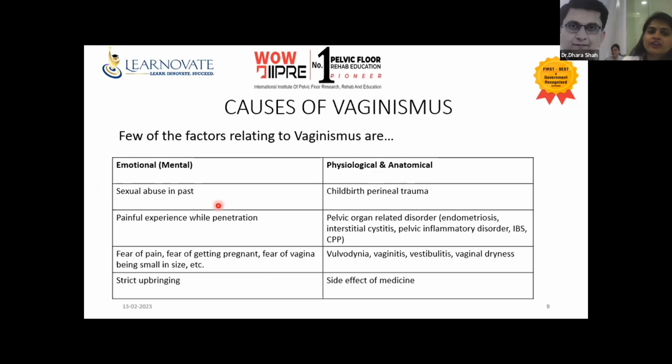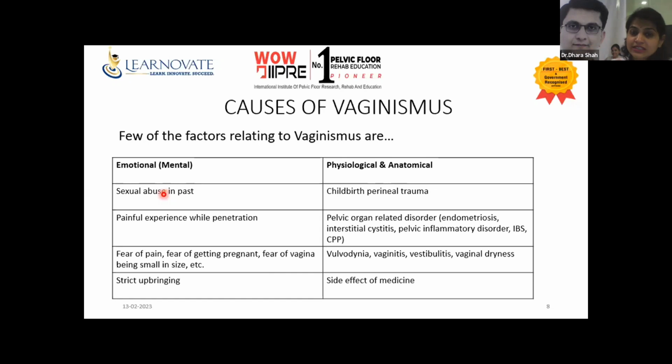A very common cause can be sexual abuse in the past, an abusive history, which can lead to a grudge, a feeling of revenge, a feeling of impurity, or a feeling of why me, and the whole world is bad. So all these things, or maybe the emotionally disturbing, painful experience associated with the episode, can also contribute.